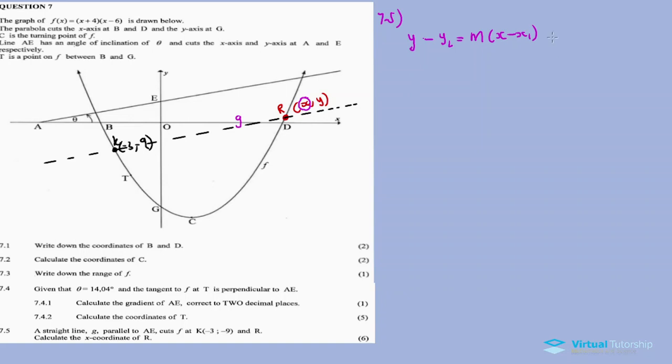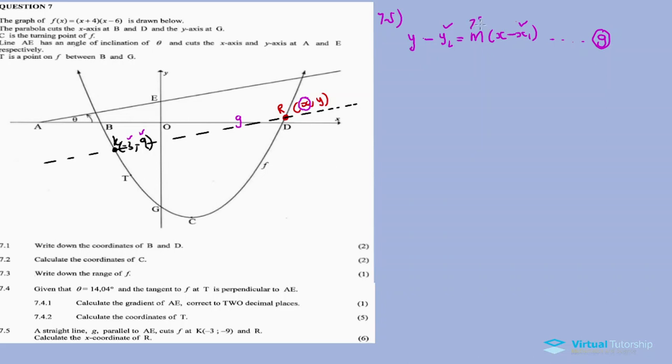So this is the equation for G, the line I want to find. I do have y1, so use K: the y value for K, and x1 is the x value for K.